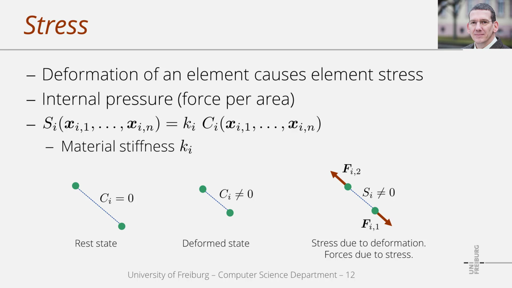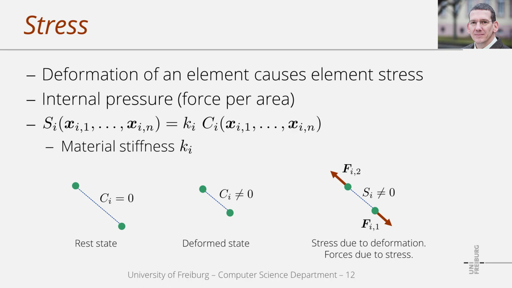In the illustrations, we see an undeformed element with 2 particles, where strain Ci is equal to 0. In the compressed state, Ci is not equal to 0. And the strain in the deformed state also causes stress Si. The forces Fi1 and Fi2 show internal forces that act at the particles.